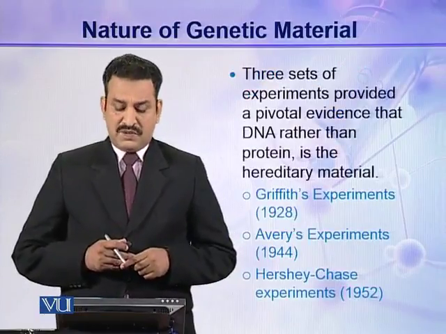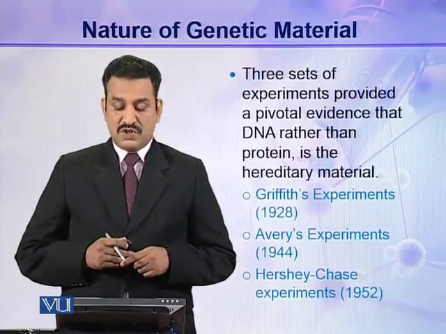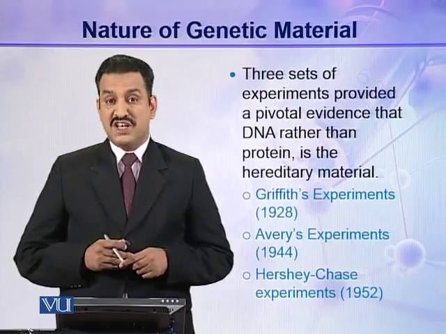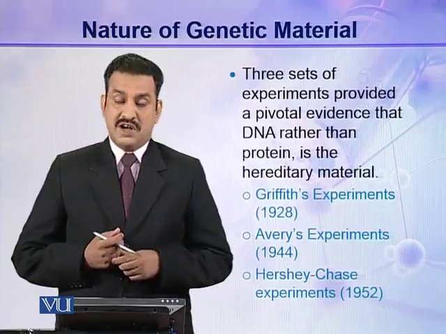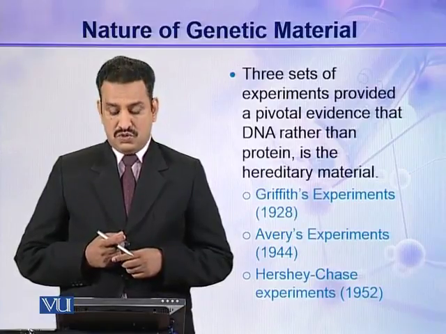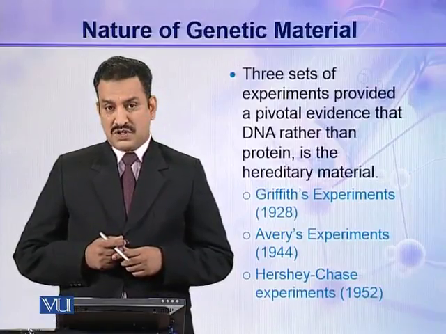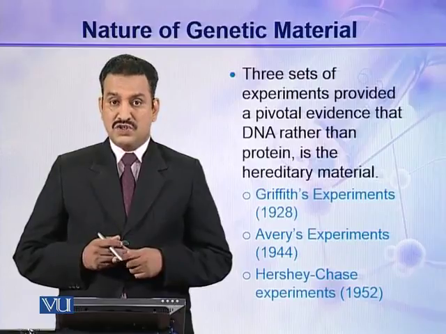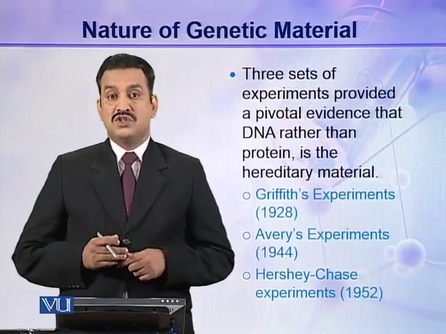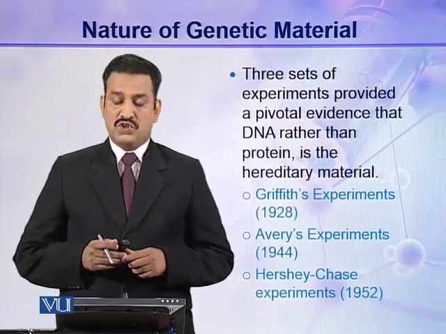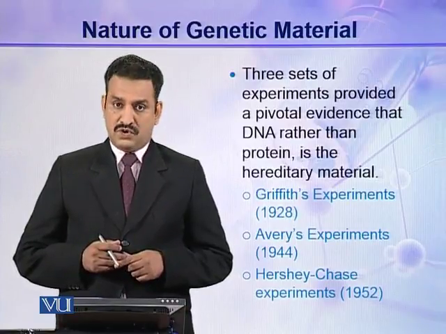Three sets of experiments provided pivotal evidence that DNA rather than protein is the heredity material. These experiments include Griffith's experiment, which was conducted in 1928, and then Avery and his colleagues' experiments, which were conducted in 1944.